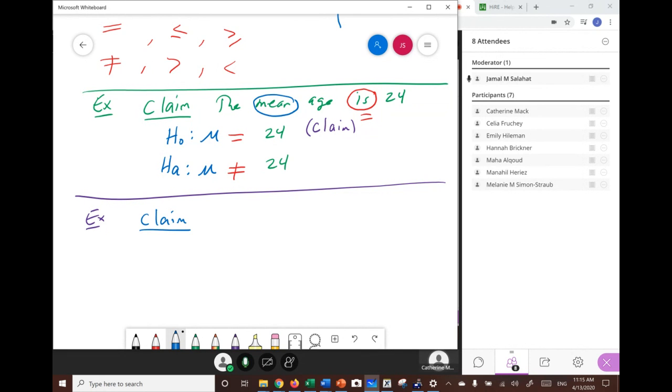So let's say there is a claim that the percentage of people who support a certain issue is under, let's say, 50%.